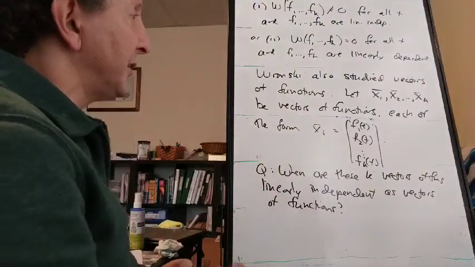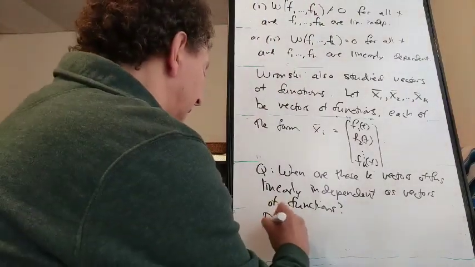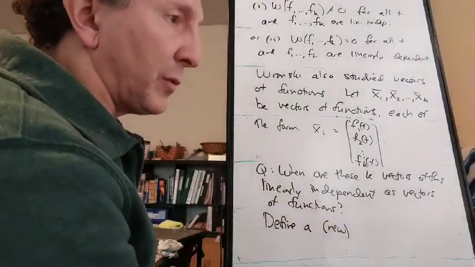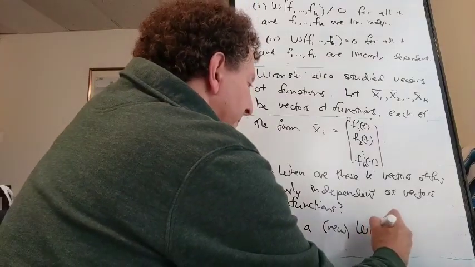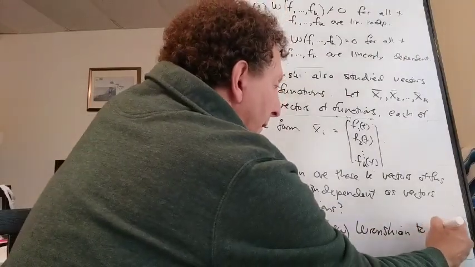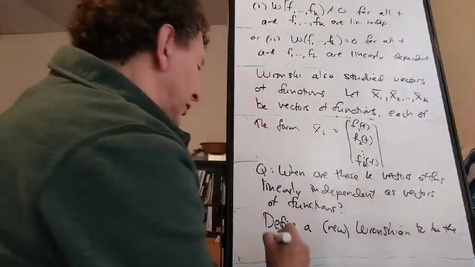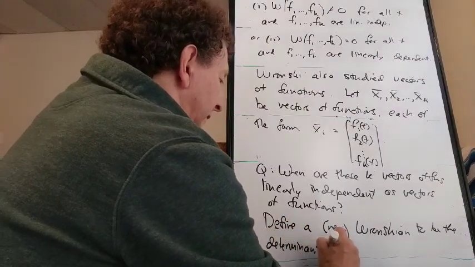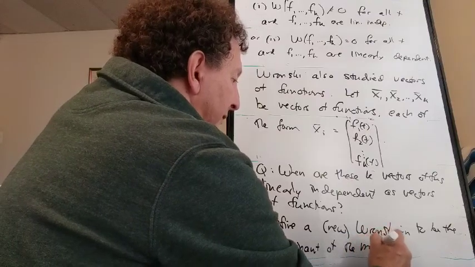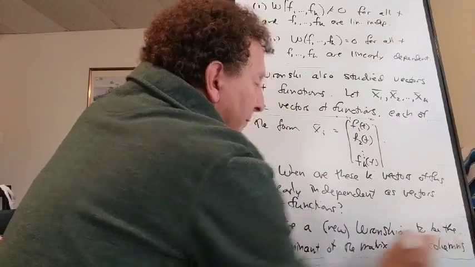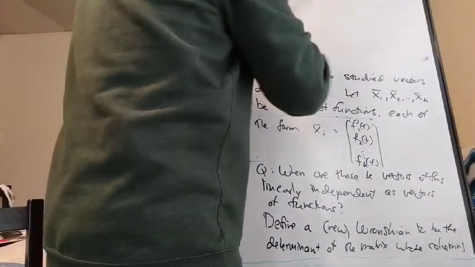So now we define a second Wronskian determinant. Not exactly the same as the last one. We're going to define a new Wronskian to be the determinant of the matrix whose columns are these k function vectors.